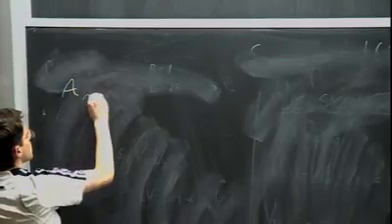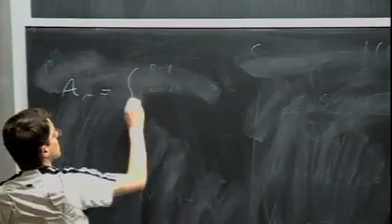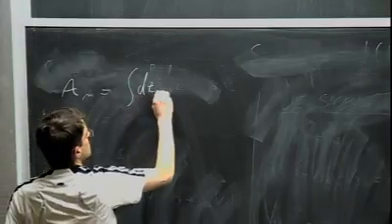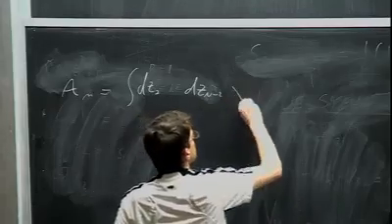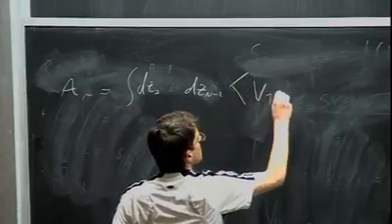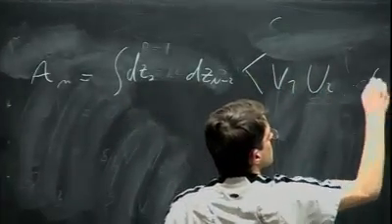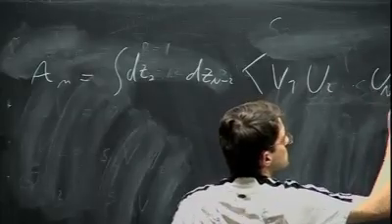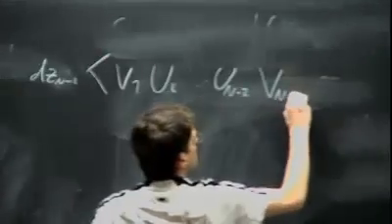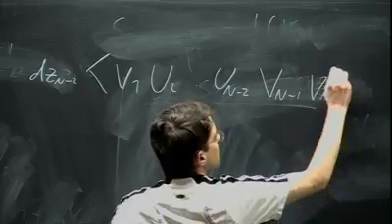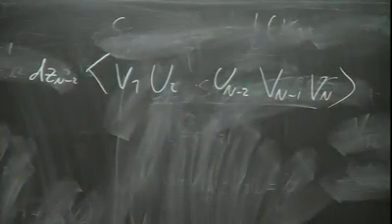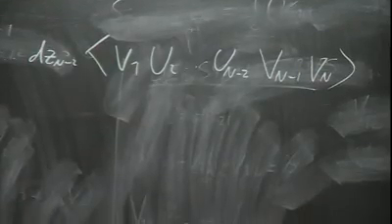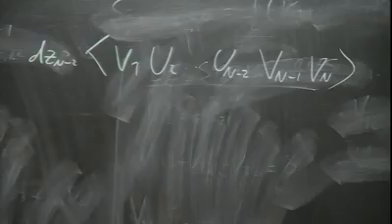The prescription to compute the amplitude is this one, which I wrote many times already. V1, then U2, ... U n minus 2, V n minus 1, V n. And we already did the 4-point amplitude some lectures ago.